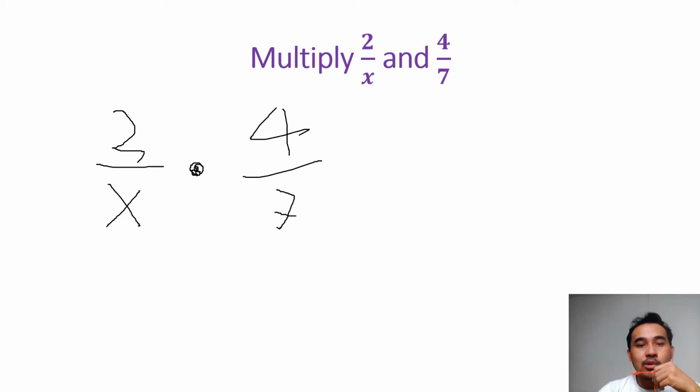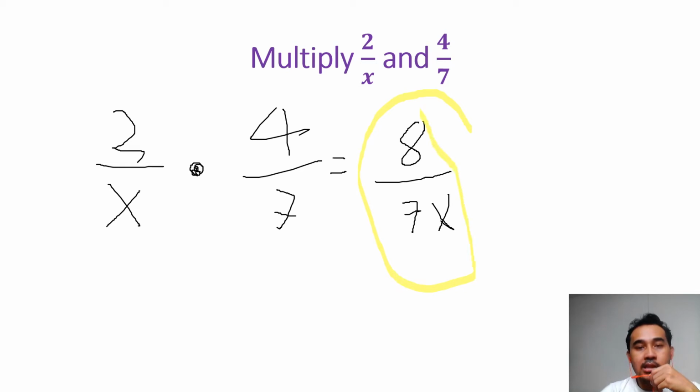Based on the structure, you multiply all numerators, so you have 2 and 4. The answer would be 8. And then x times 7, that would be 7x. So the final answer would be 8 over 7x.